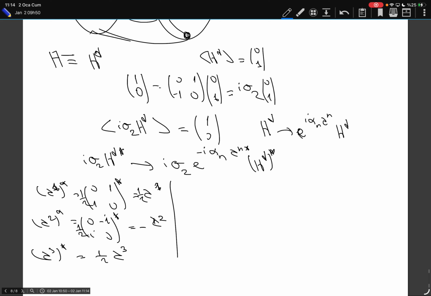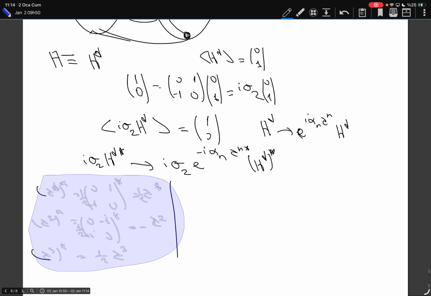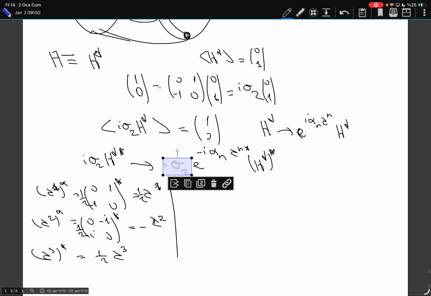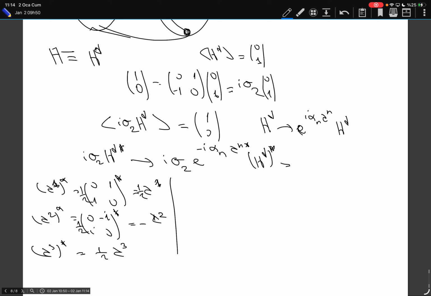Now, in fact, this is why I choose σ2 here. Why? Because you see these τ_n stars: τ1 and τ3, if n is 1 or 3, τ_n star is just τ_n. But then, if I commute them with σ2, σ1 and σ3 anti-commute with σ2.